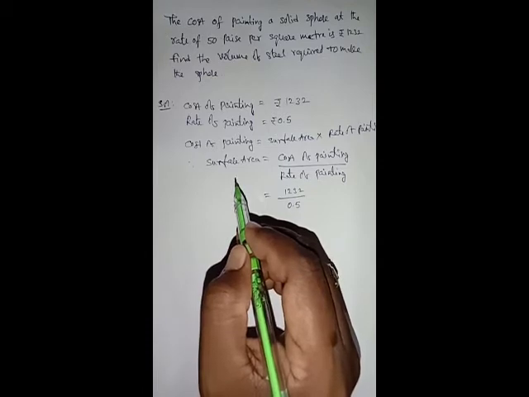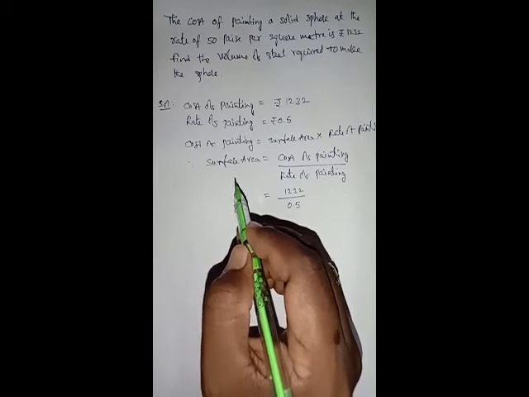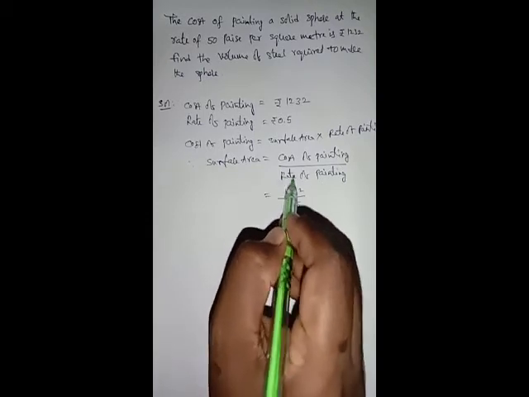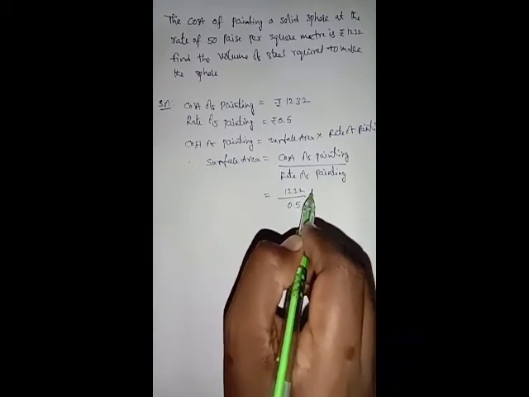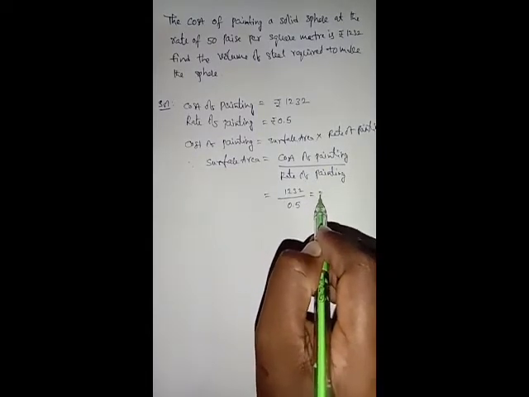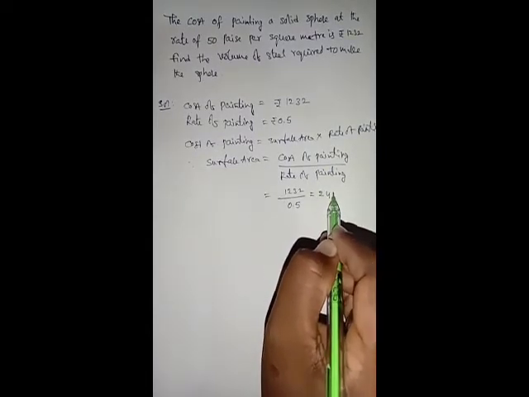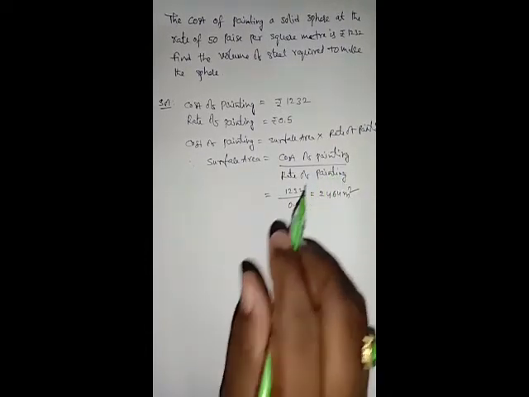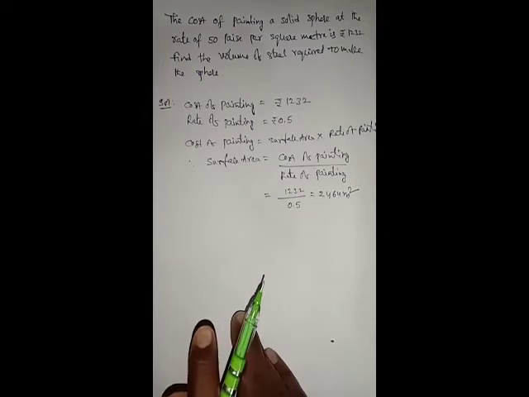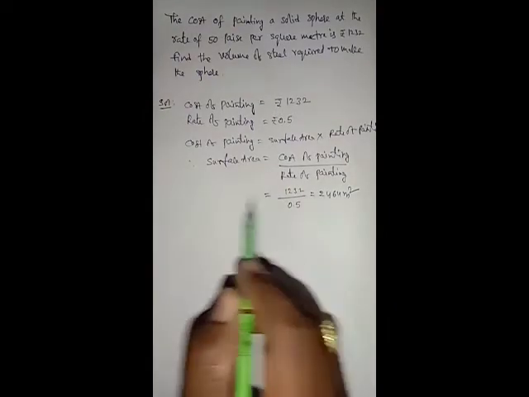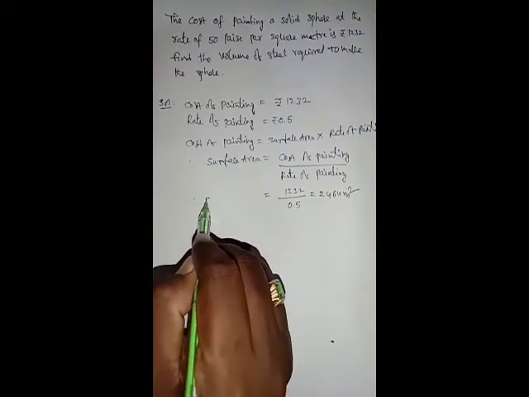Simplify this, and what do you get? 2464 meter square. Understood, children? 2464 meter square is nothing but the surface area.